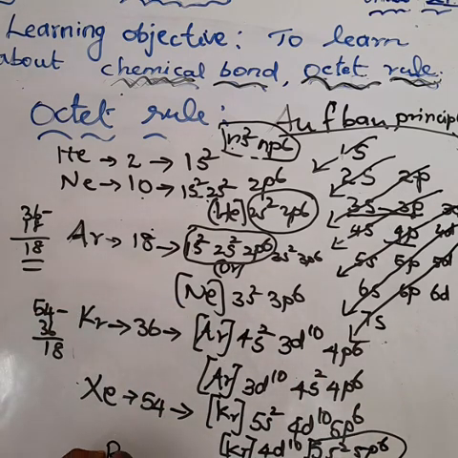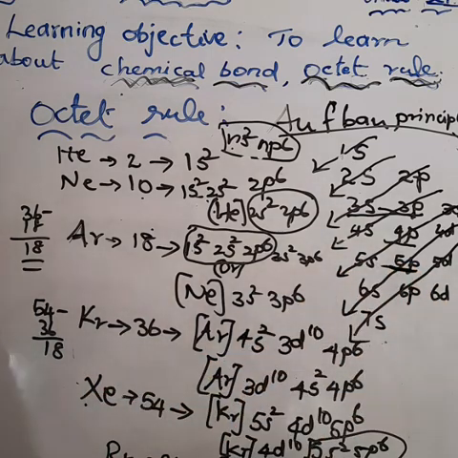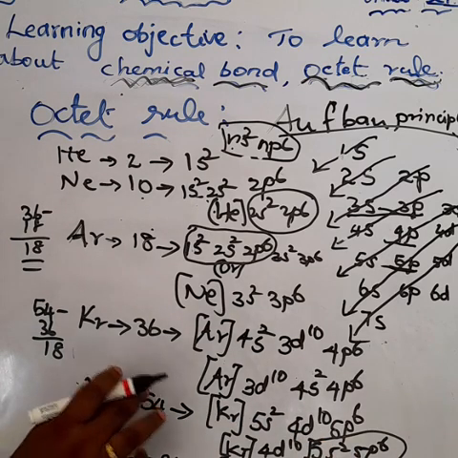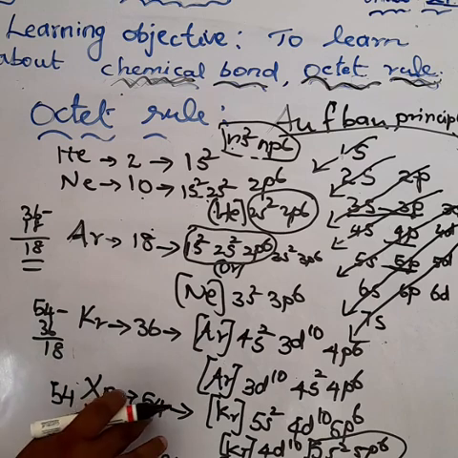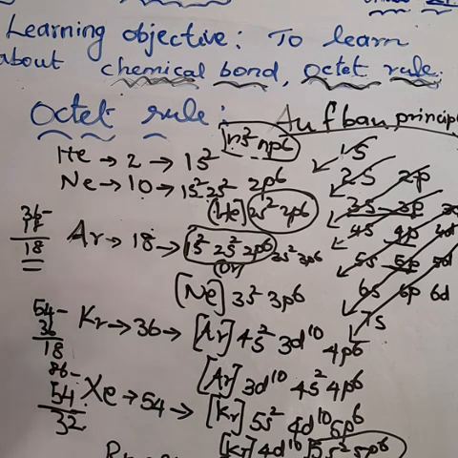Okay, and then radon, atomic number 86. How to write? Radon 86, xenon 54, so 32 electrons we need.